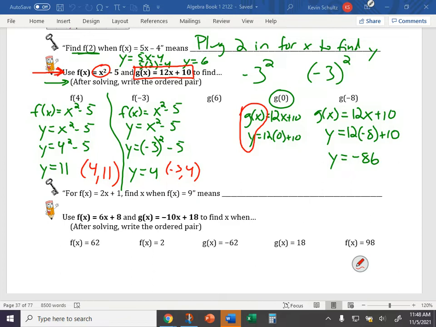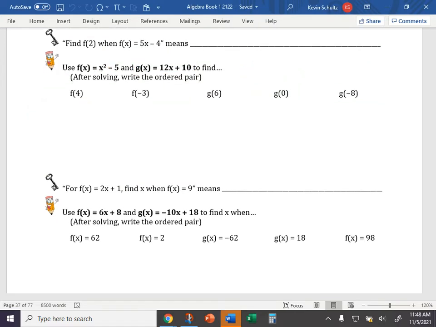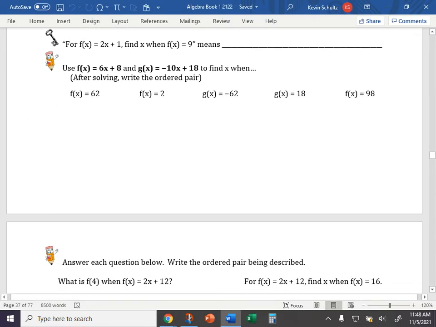Other questions? Other places where you're getting lost? Okay. Because if there's a notation for me to give you the x value and solve for y, which is what we just did here, there's also a way for me to give you the y variable and have you solve for x. And that's what the second section is here. It says for f of x equals 2x plus 1, find x when f of x equals 9.